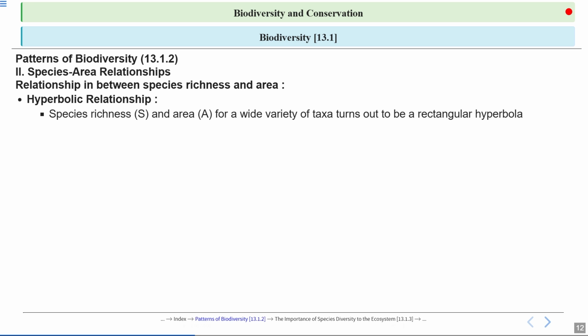So obviously the species richness will increase, but it will increase up to a certain limit. After that, it will level off. So this rectangular hyperbola shows you that if the area is doubled, this doesn't mean that the number of species will also double. Okay, this is clear.